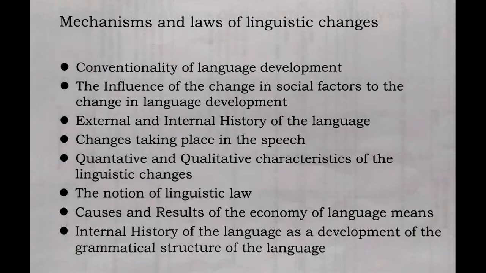Next, external and internal history of the language. This is closely related to what I have just said. Language development is related to external and internal history of the society where this language is used.